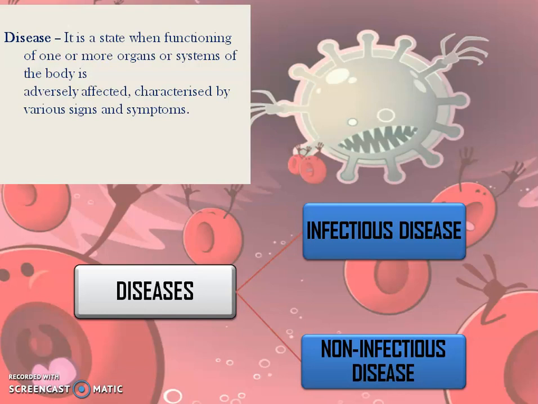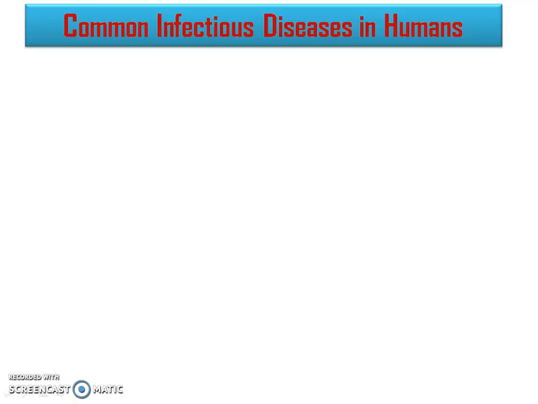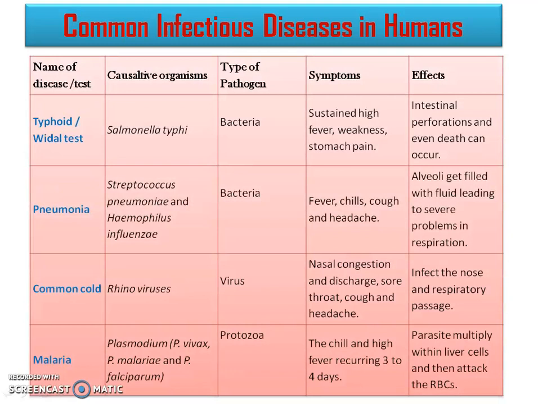For example, different types of cardiovascular or heart diseases, diabetes, cancer, etc. So let us now have a look at a table of the different types of infectious diseases occurring in human beings. Here in this table, we will discuss the different diseases, their causative organisms, and their signs, symptoms, and harmful effects.